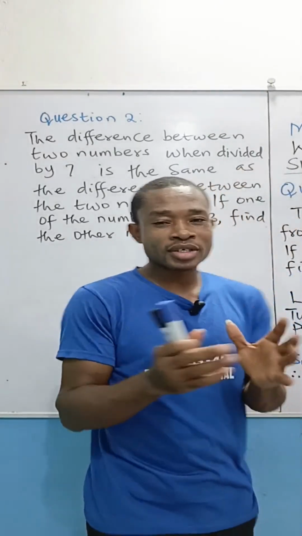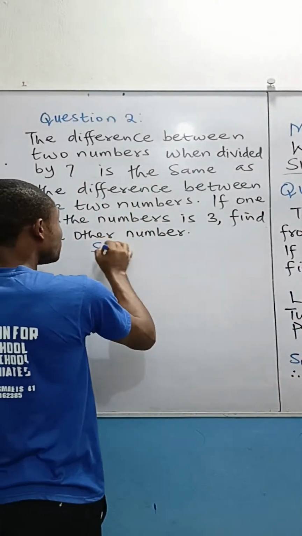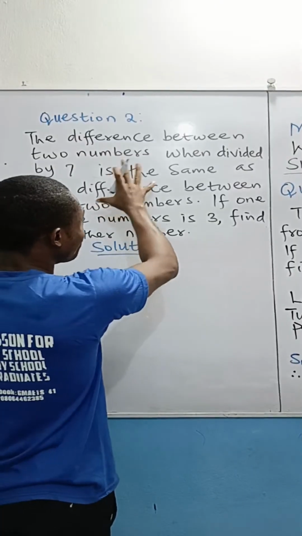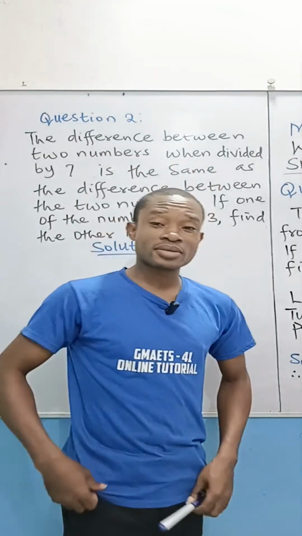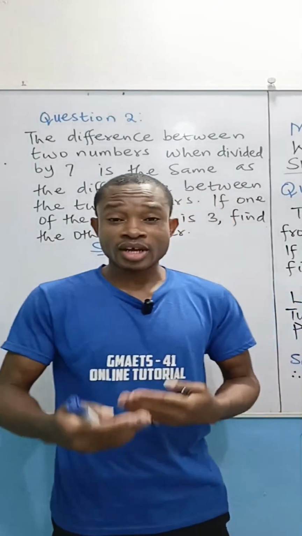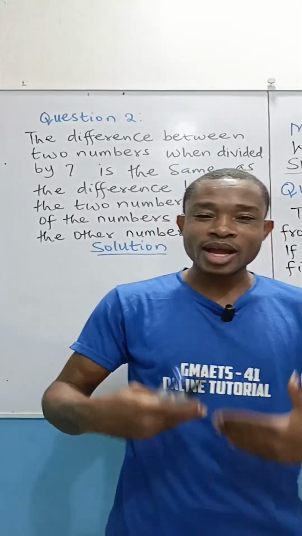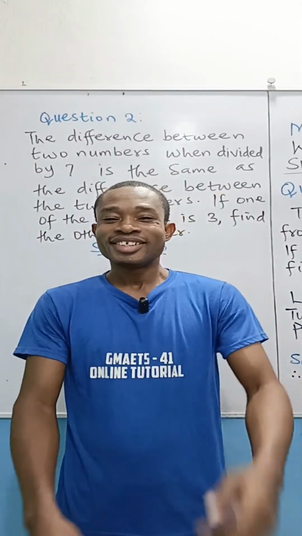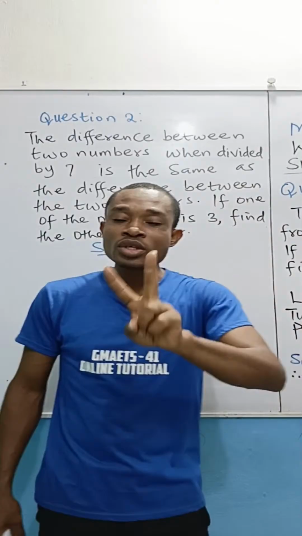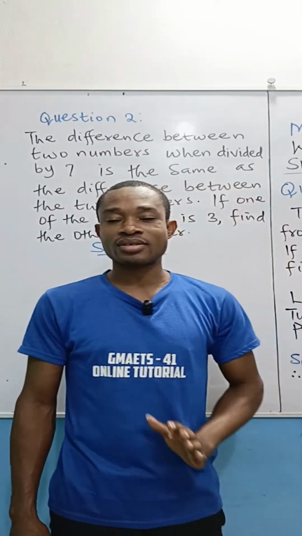So how do we understand this question? It is a simple one. Just try to follow the grammar, the sentence. The interesting thing is, we communicate regularly every day and we try to understand one another. So this is someone trying to talk to you. The difference between two numbers.